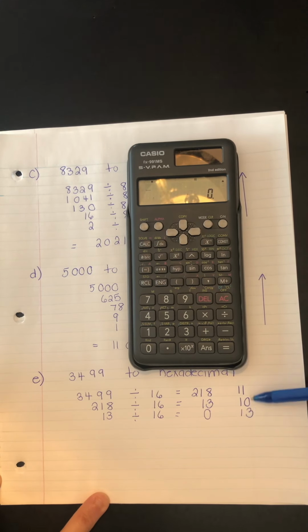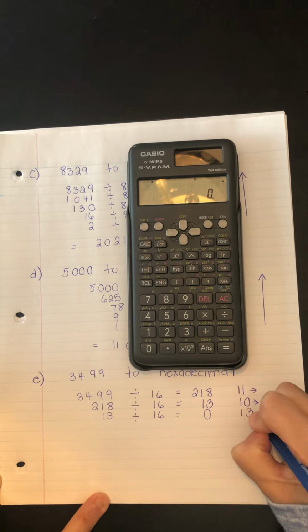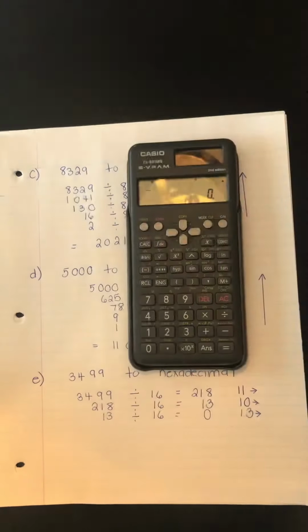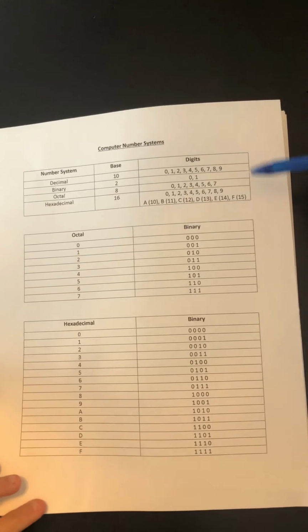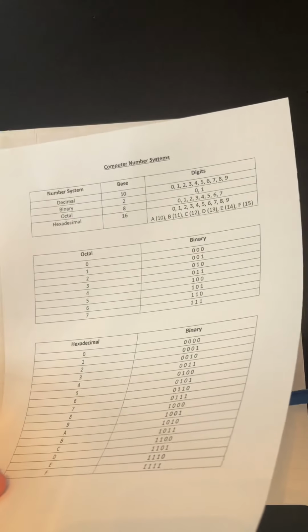But first, we should make note of the letters represented by these numbers. And so I remind you that those can be found in this little chart here. Okay, so we're looking at 11, 10, and 13.